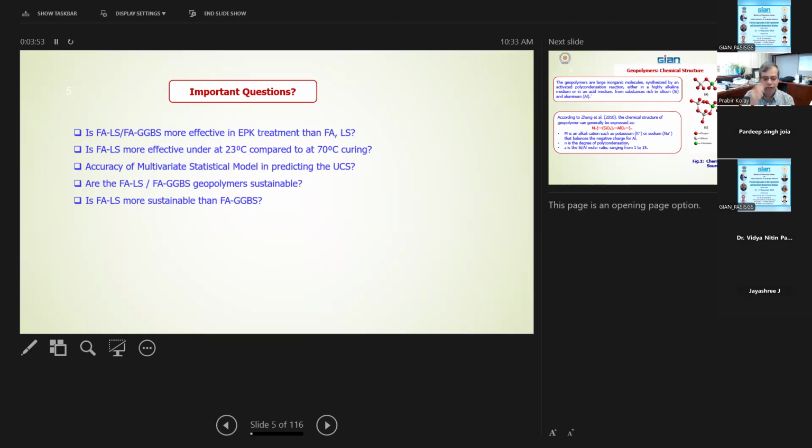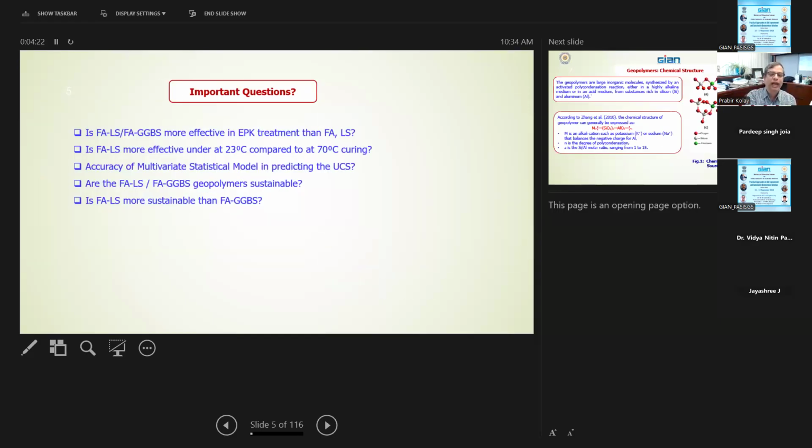Basically, the reaction takes place at high temperature. That is a little bit of a practical problem for geopolymer. But here we checked what happens at ordinary temperature, 23 degrees, compared to 70 degrees. Generally 65 to 70 degrees Celsius is used for geopolymer.